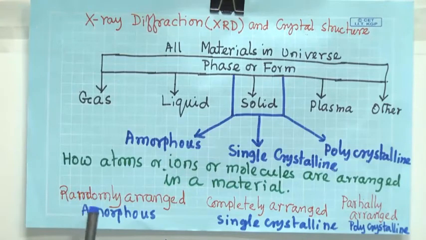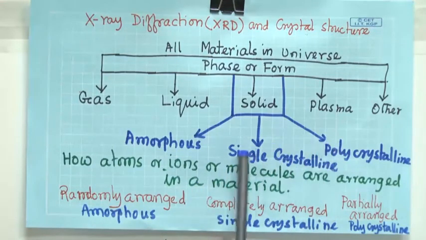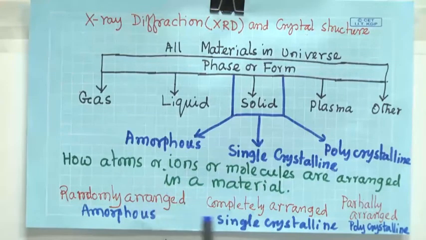That way we classify materials as amorphous, single crystalline and polycrystalline. Amorphous is where atoms are randomly oriented in the material. Single crystalline is where atoms are completely arranged throughout the material and the arrangement is perfect. In between these two there is partial arrangement, which we call polycrystalline.